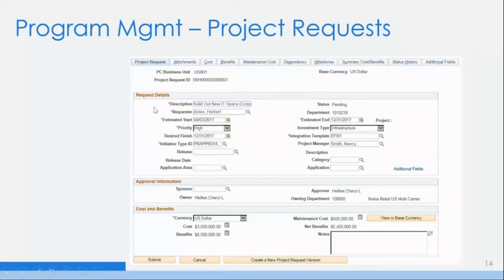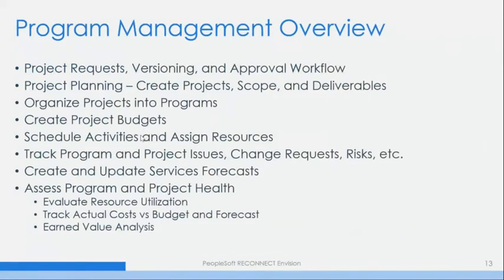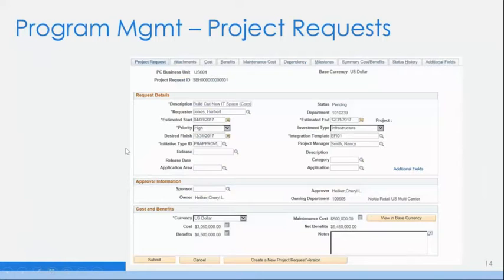So you would put in a description, you'd have a requester, enter the estimated start and end dates, the desired finish dates. If you have a project manager assigned, you can actually assign that project manager during the request. And you can also track costs and benefits and net benefits. So that's essentially your business case for the project.